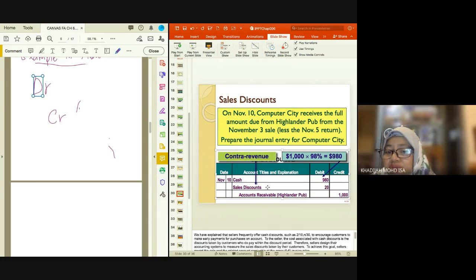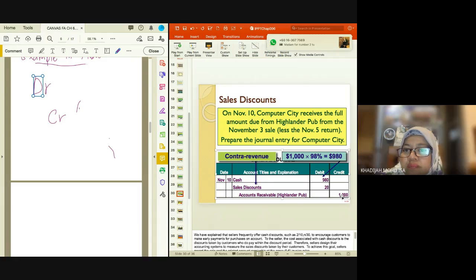Sales is a revenue, but sales discount is a contra revenue. That sales discount reduces your revenue. And cash, in this case, you only receive 980 instead of 1,000, because you give 20 discounts. And your accounts receivable is always recorded at gross.